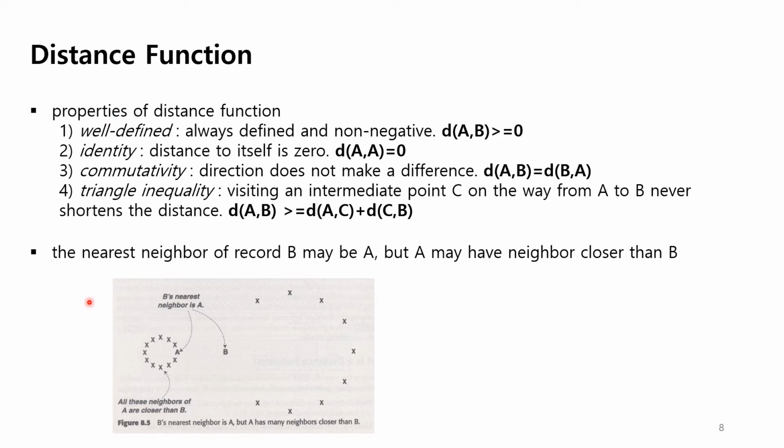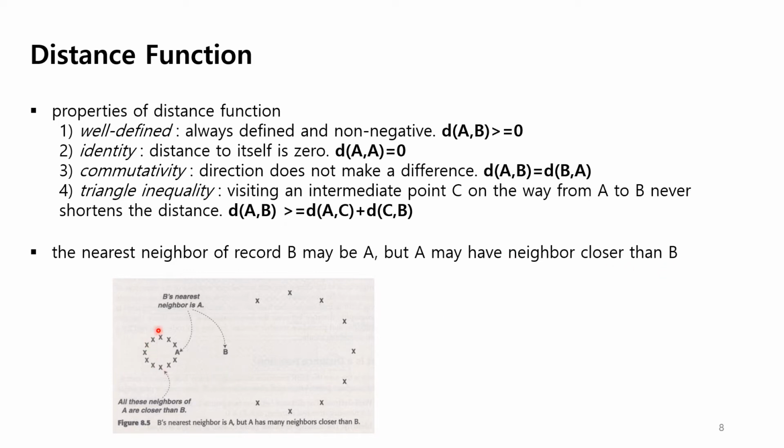One interesting thing about distance functions is this: suppose you choose a nearest neighbor of record B, and it turns out to be A. So A is the nearest neighbor of record B. But that doesn't necessarily mean B is the nearest neighbor of A. The other direction is not always true.